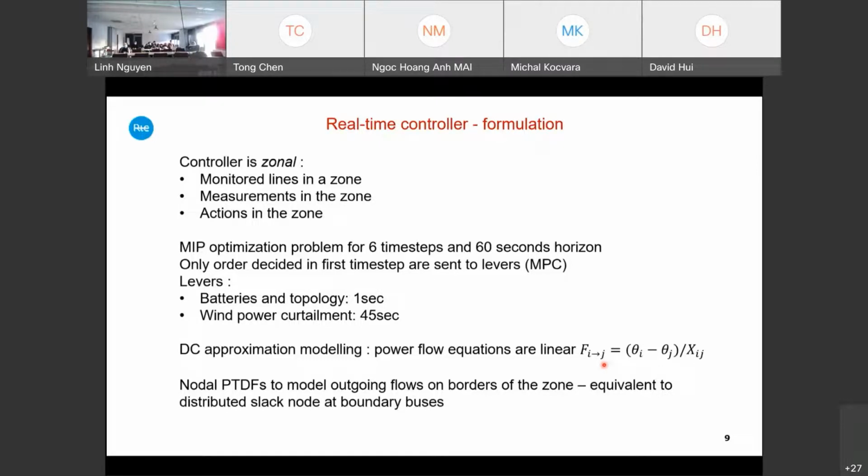The losses are assumed to be zero, and we only have the reactance part. And so the variables here are the flow on the lines in megawatts and some phase angle for each node. And this is linear, so x is a constant. So we have a simple DC approximation linear equation.